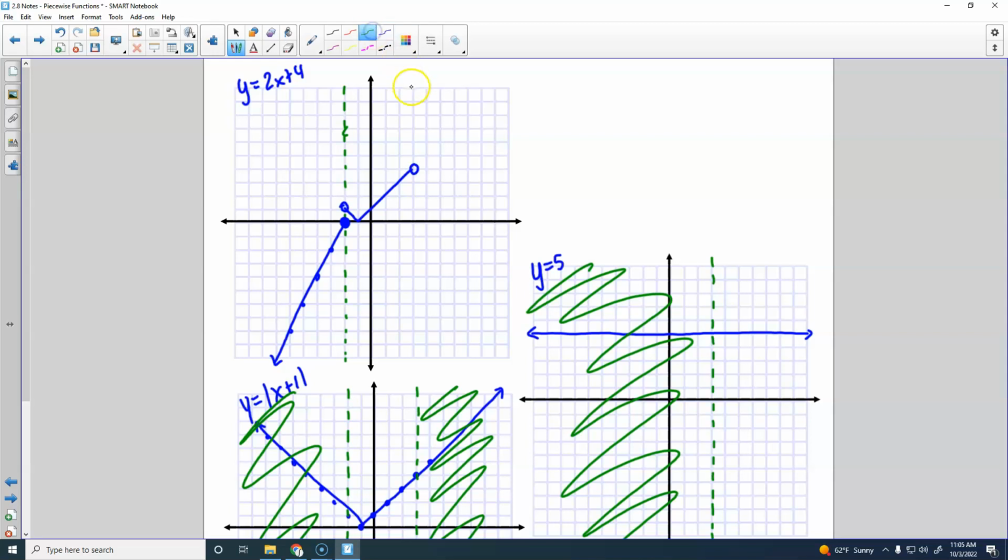And then there at 3, the rest of our graph looks like this. We have greater than or equal to 3 for that last part. We use a closed circle for that.